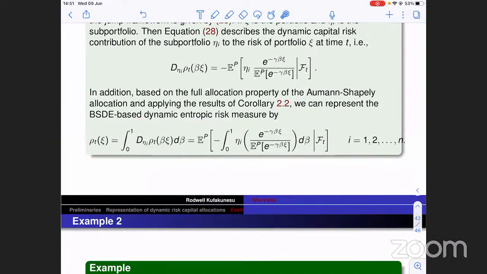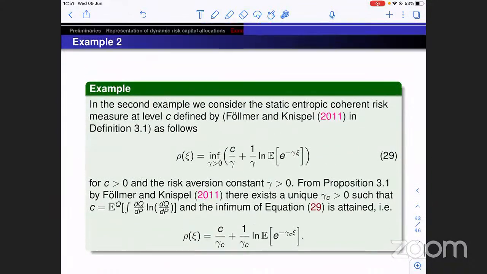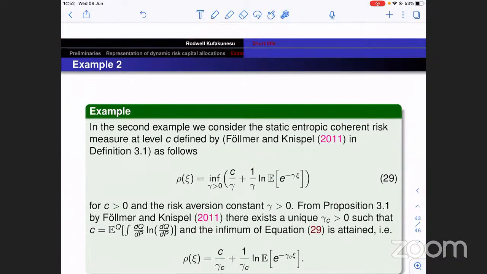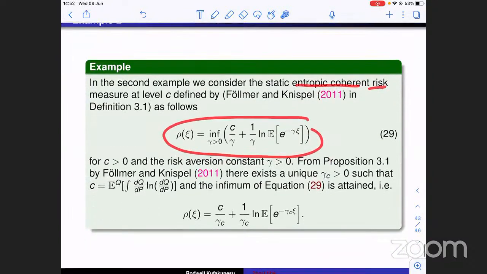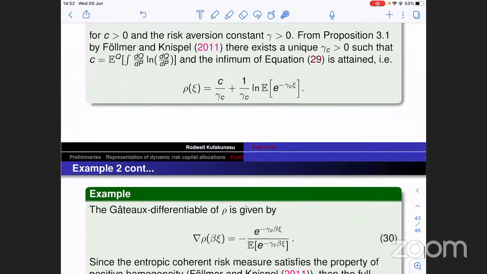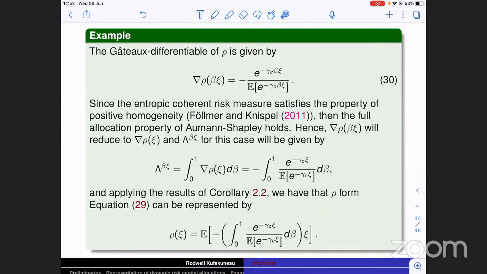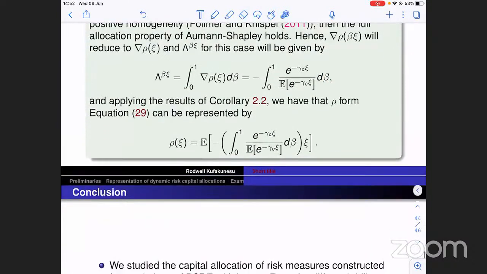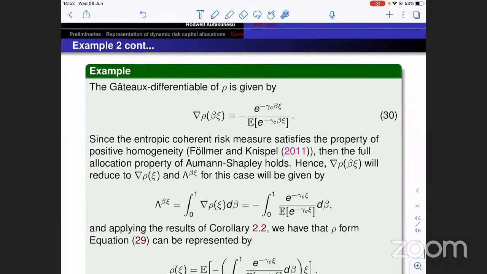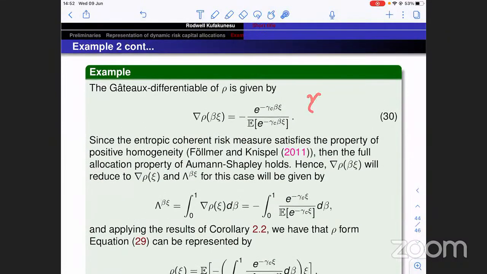So that's how we applied our result to a dynamic entropic risk, which we have seen above here. And the other example, example 2, is when we described this static entropic coherent risk. What we discovered in this example is the relationship between this gamma.